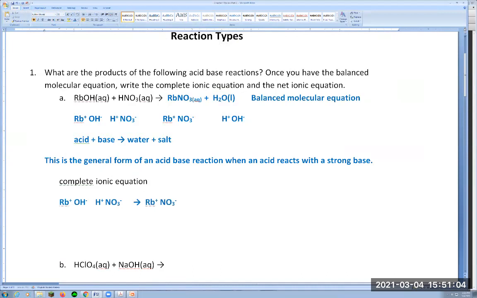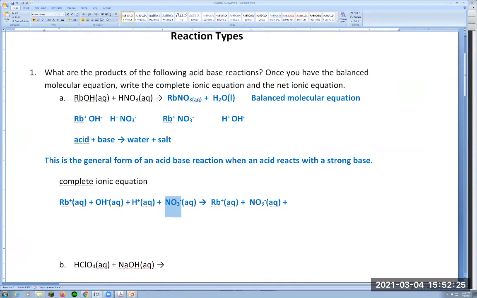So we will write aq for each of the ions, because here they are free floating, and the physical state for each of these ions is aqueous, because they are surrounded by molecules of water and free floating. So I've added the physical state of aqueous for each of the ions. So we have the rubidium plus, the hydroxide minus, H plus, the nitrate minus.